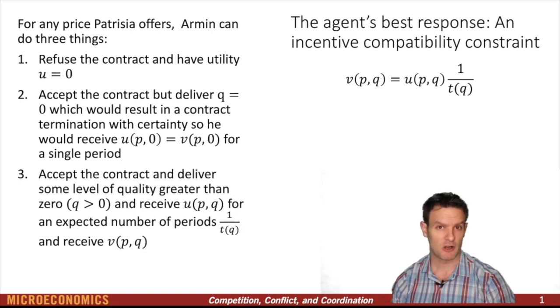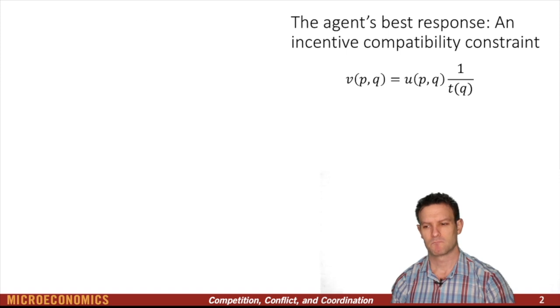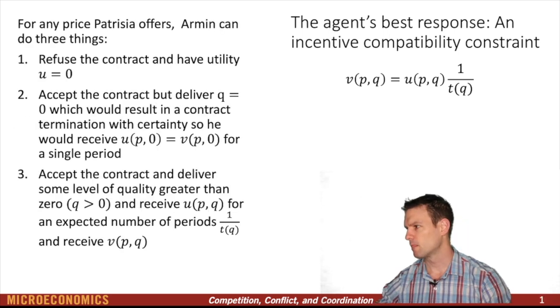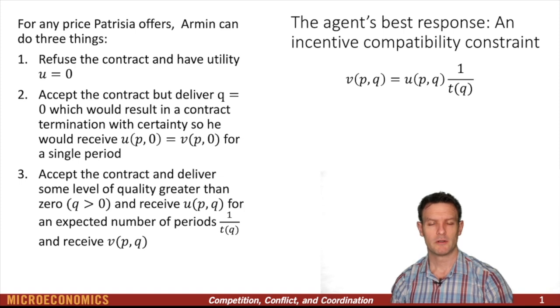Or he can accept the contract and deliver some level of quality, Q greater than 0, and receive the utility per period, U(P,Q), for an expected number of periods, 1 over the termination probability.